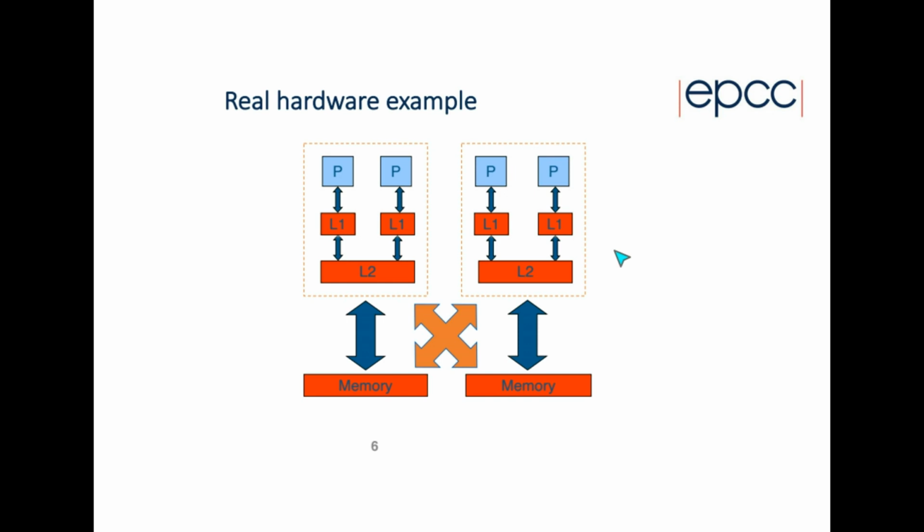But nevertheless, despite all this complexity, it's possible for, say, this core here to access memory both in this part of memory and in this part of memory completely transparently to the program.